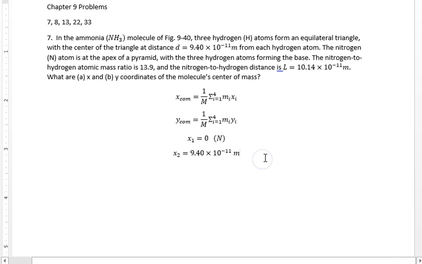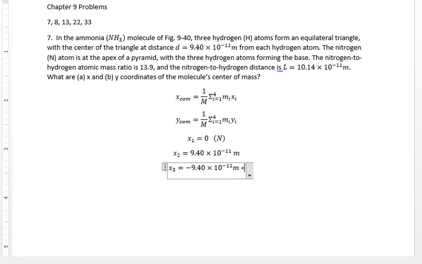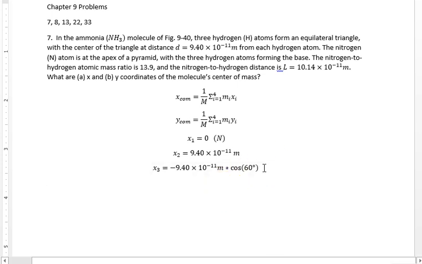So that's minus 9.4 times 10 to the minus 11th meters times the cosine of 60 degrees. And then let's go ahead and get what that is.